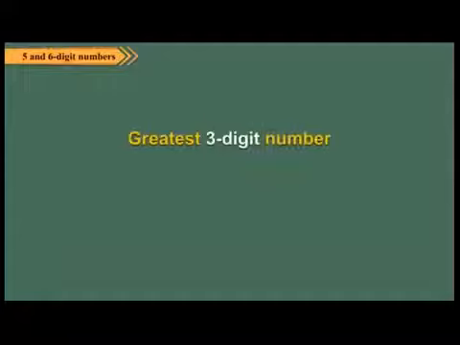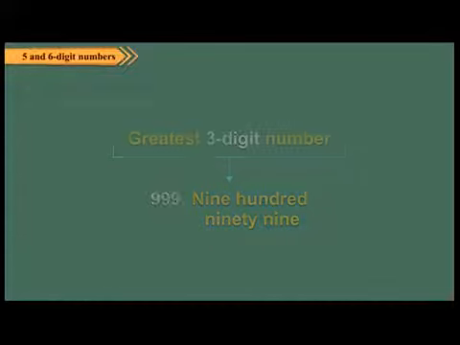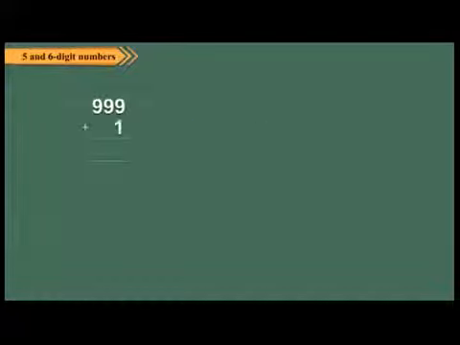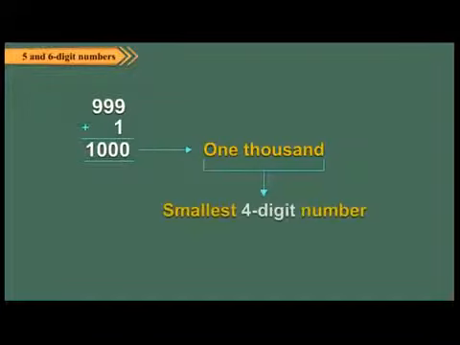The greatest 3-digit number is 999, which is read as nine hundred ninety-nine. When we add 1 to 999, we get 1000, which is the smallest 4-digit number. It is read as one thousand.